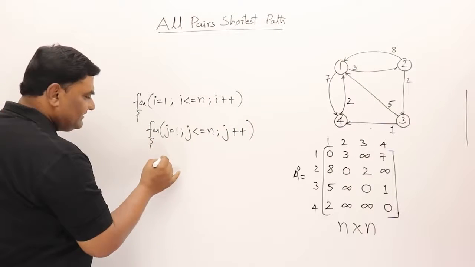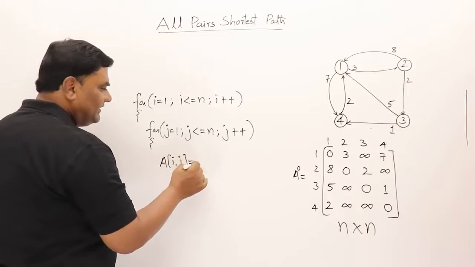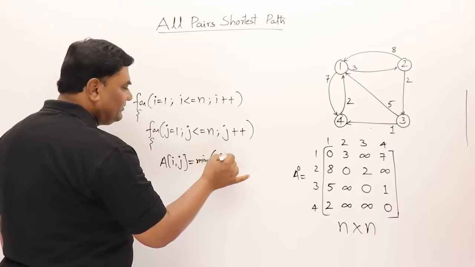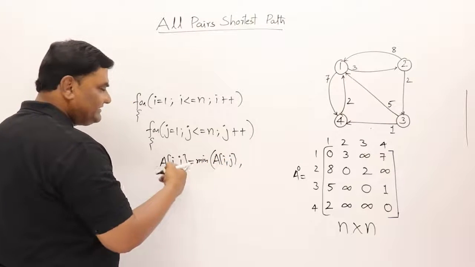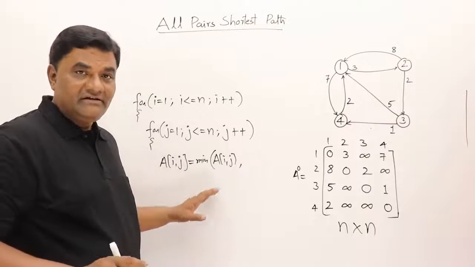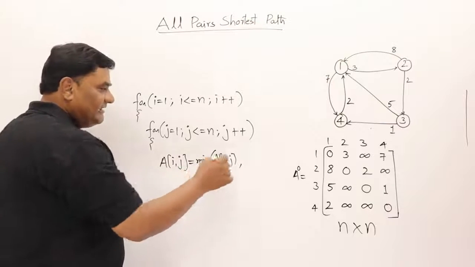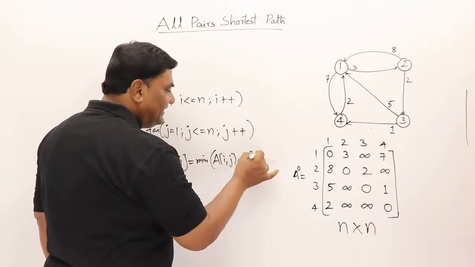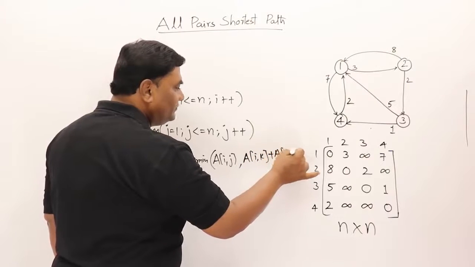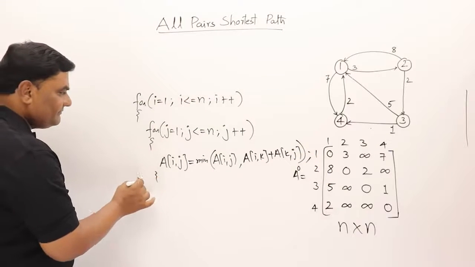And I should get the terms of A of i comma j as the minimum of A of i comma j, that is the existing matrix, as it is going to be a single instance of a 2D array. In the single instance only I'll be updating the values. So that's why this is the same thing. Then A of i to k plus A of k to j. Out of this I should select any one of them, whichever is minimum.